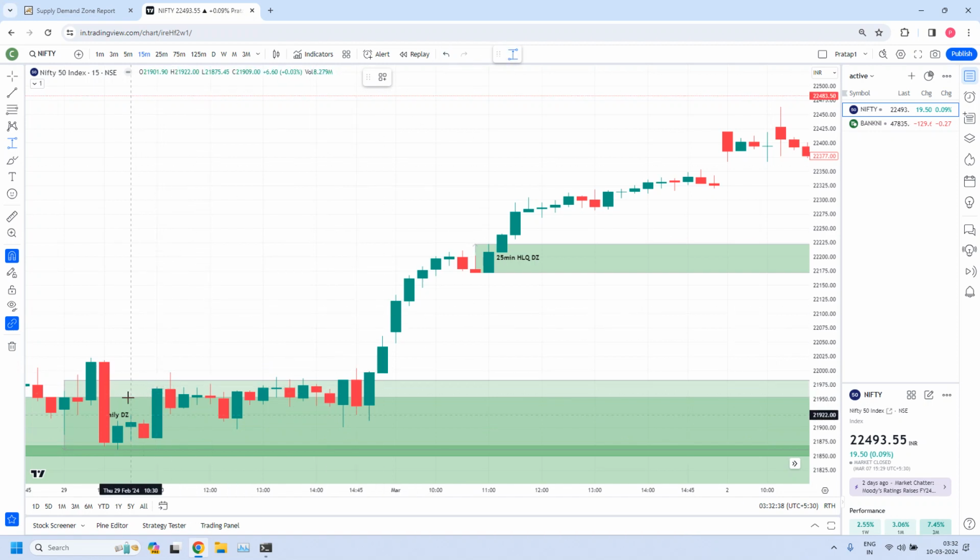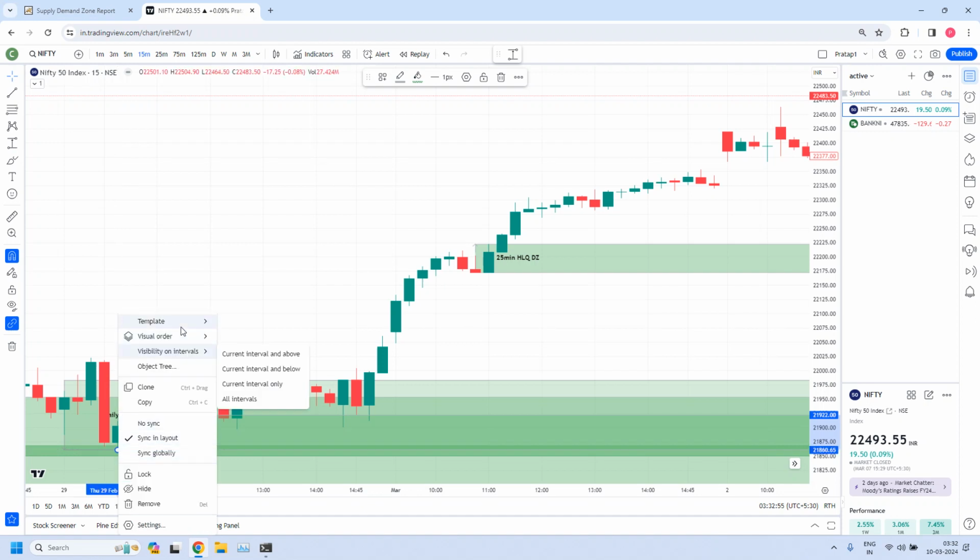Anyway, manually, if I consider this a drop, 3 base candles and rally. But software considers this as a leg candle, these 2 base candles. Anyway, it doesn't make much difference. 3 candles I am considering and then drawing the zone. This is the 15-minute zone.